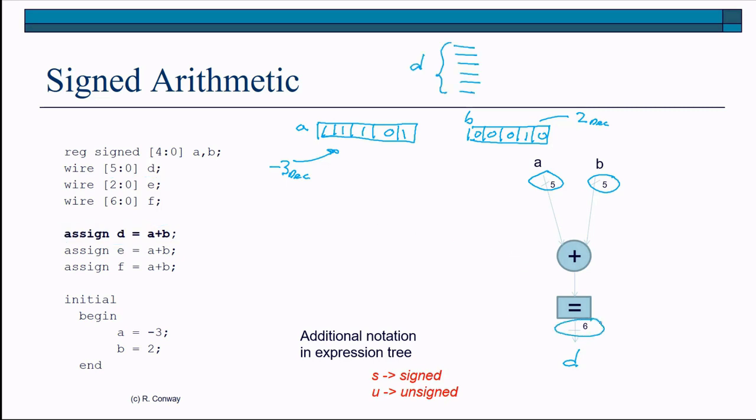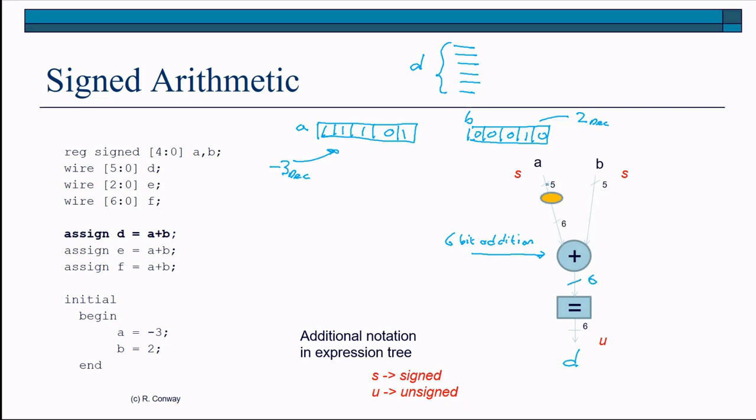So now that we have our sizes, we take the larger of those 3, and that's 6, indicating this is a 6-bit addition. As noted, we now need to keep track of what's signed and unsigned. A is signed, B is signed, and D is unsigned. Given that the addition is a 6-bit addition, our output is 6 bits.